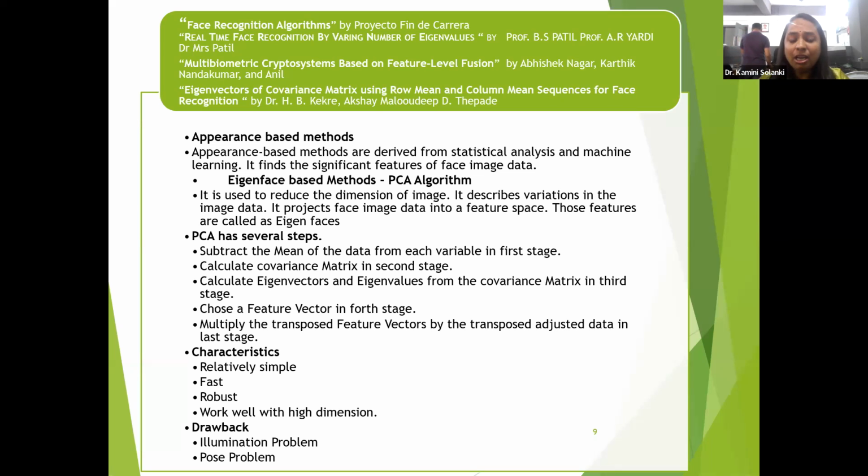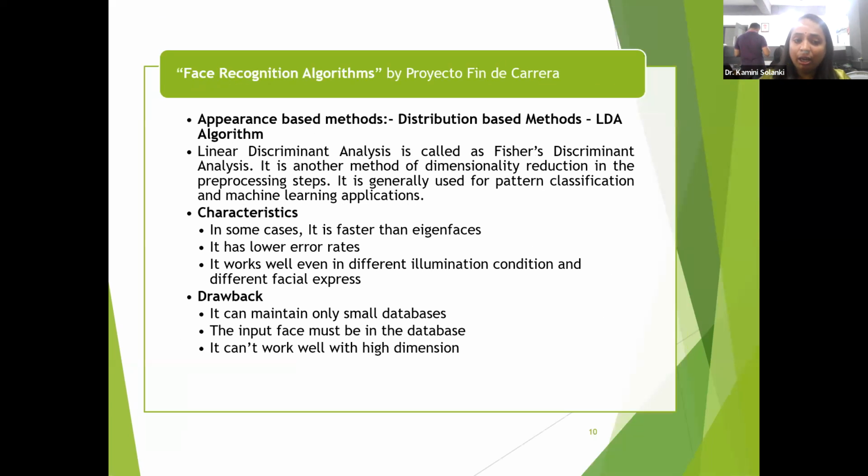The characteristics of this algorithm are that it is very fast, very robust, and works well with high dimensions. But again, the problems are the illumination problem, meaning lighting conditions, and the pose problem. Two problems are there.